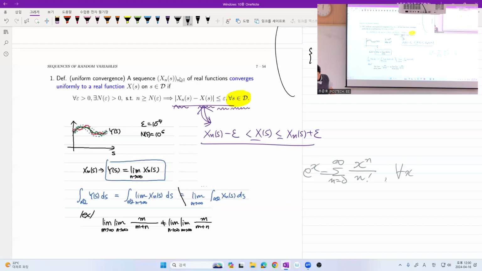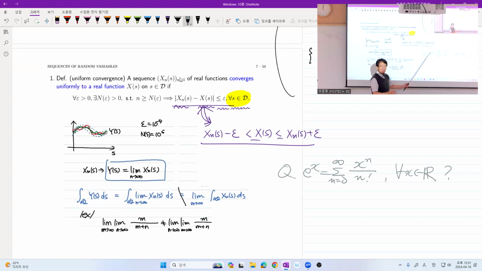Can you claim this? Which means that the right-hand side at each point of x converges to e to the x. My question is, if you truncate the right-hand side as a sequence up to some k, does it converge to the left-hand side pointwise?